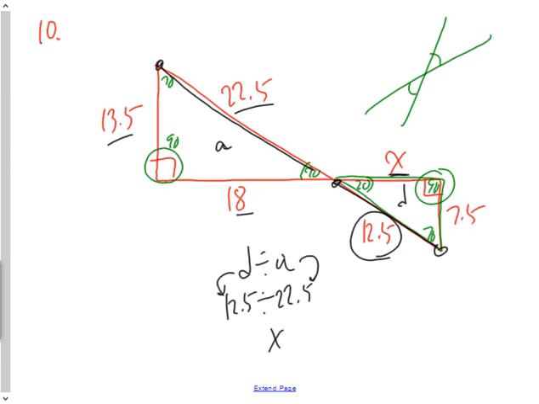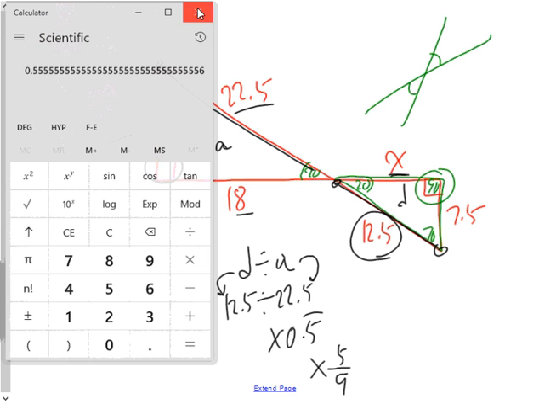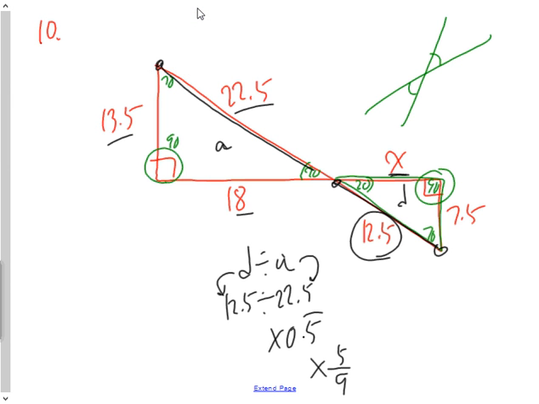So your scale factor that you multiplied both by is 0.5 repeating, or if you want to use fractions, 5/9, because 5/9, if I go to a calculator and say what's 5 divided by 9, it's the same number. So you can either use the fraction as your scale factor or the repeating decimal as your scale factor, and either way works.